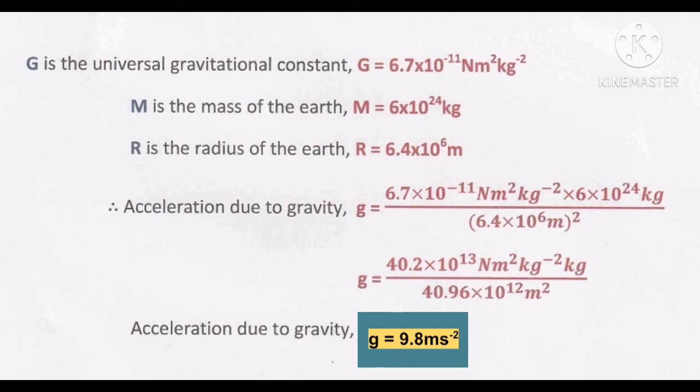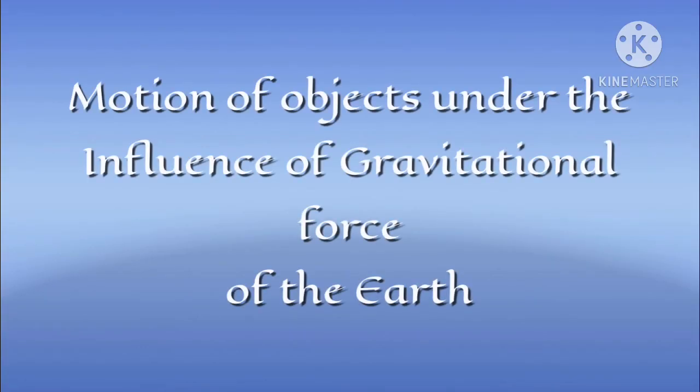By simplifying, we will get 9.8 meter per second square. Therefore, the value of acceleration due to gravity g equals 9.8 meter per second square. Next, we'll move on to motion of objects under the influence of gravitational force of the Earth. Let us watch this video.